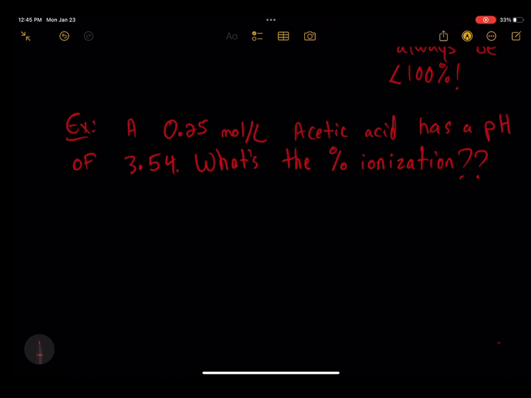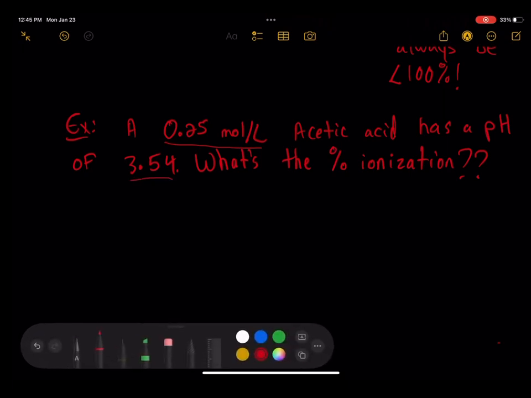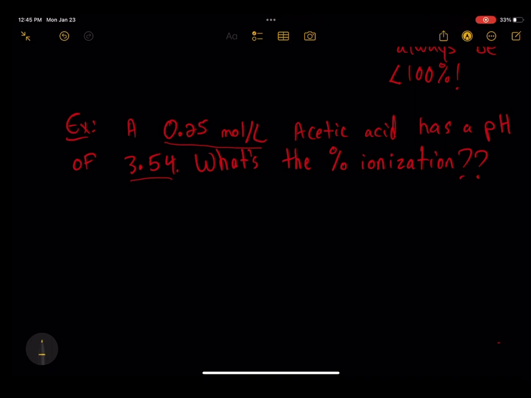Let's look at this example here. A 0.25 moles per liter acetic acid has a pH of 3.54. What's the percent ionization? Well, I don't have an H plus directly, but I can get the H plus from the pH that was given.